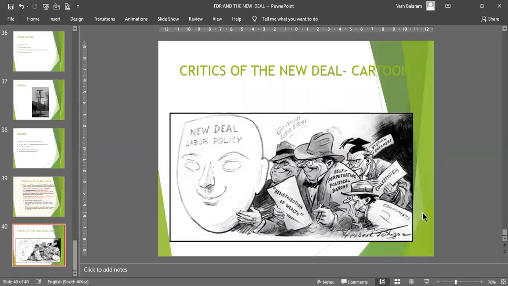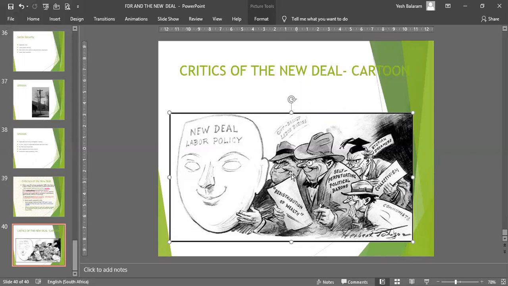This cartoon illustrates the opposition to the New Deal. Here you see a mask showing that the worker or the laborer is very happy. There's this front, so to speak, an image of workers being very happy because of the New Deal.